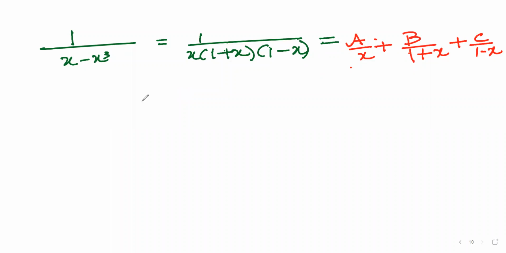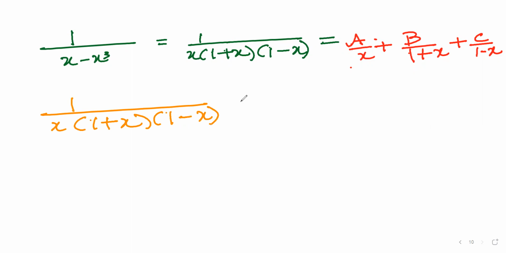So when you take this in this form, 1 over x into 1 plus x into 1 minus x. And you take LCM, it's going to be the same thing here, x into 1 plus x into 1 minus x.